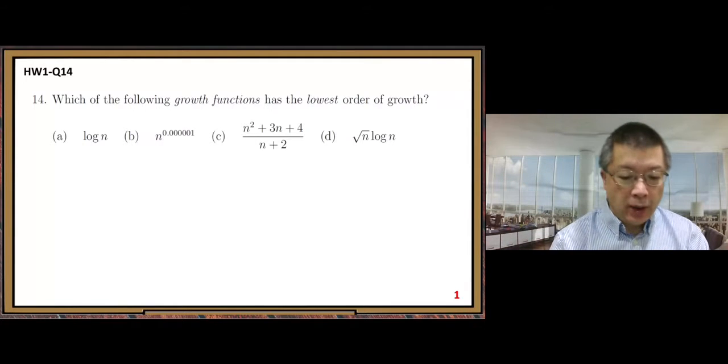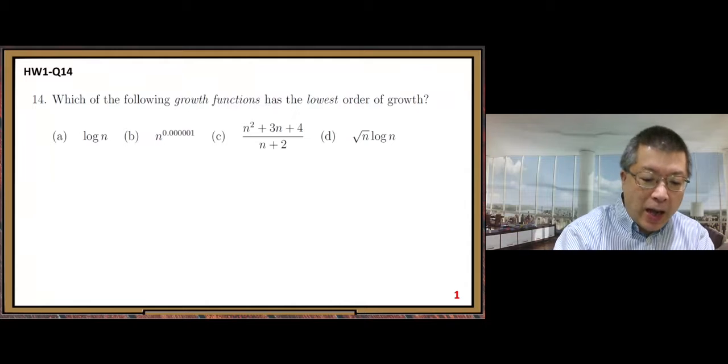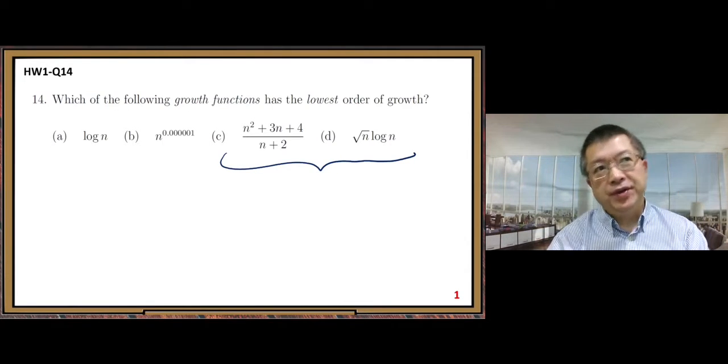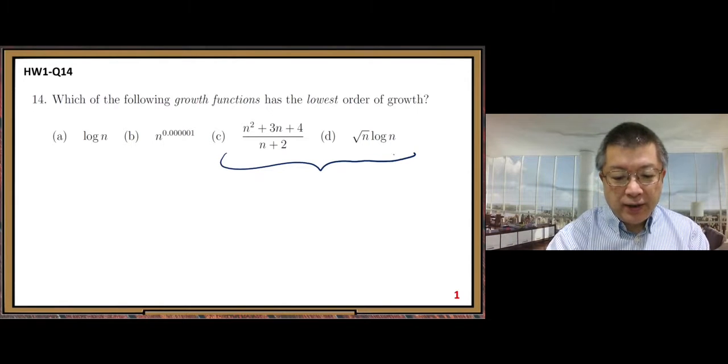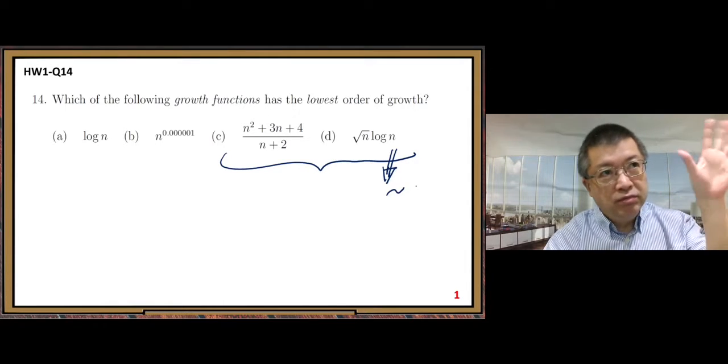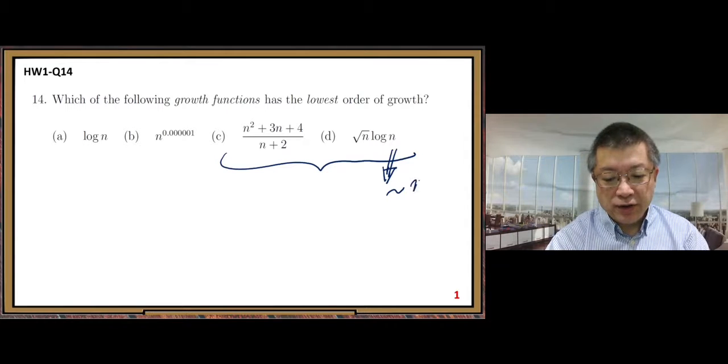All right. So the last two are relatively easy, so you can get them quickly. For D, you can get the growth function level like this: n^(1/2) and a log of n.